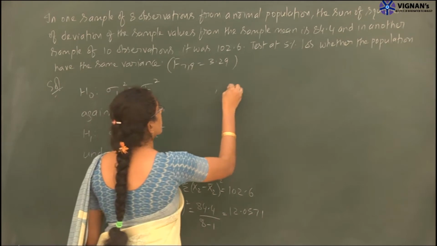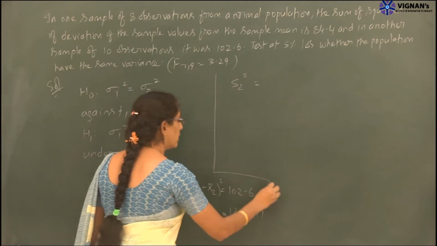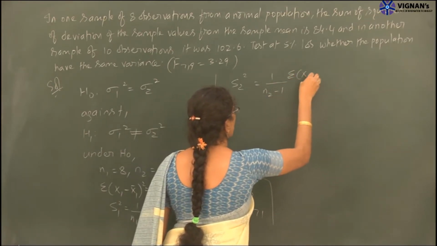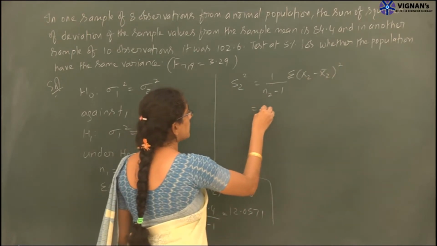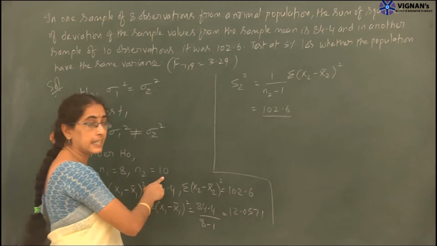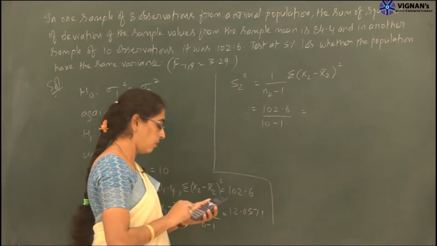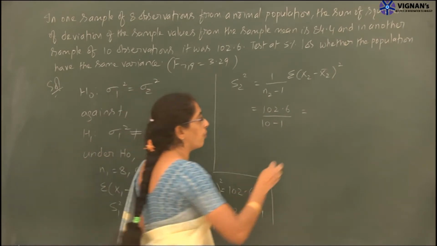Then the capital S2 square formula is 1 by n2 minus 1 summation of x2 minus x2 bar square. So 102.6 by 10 minus 1, that is 102.6 divided by 9, which is 11.4.